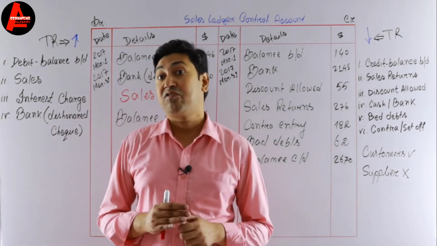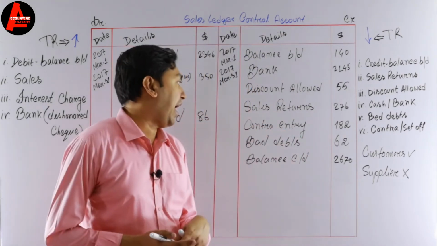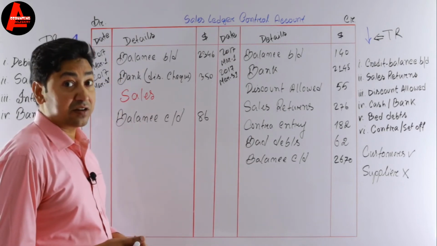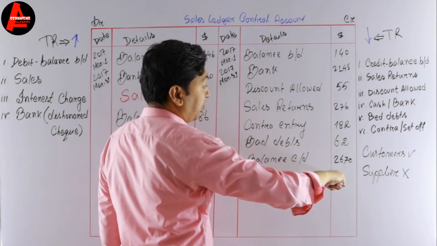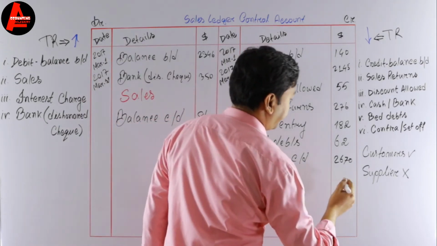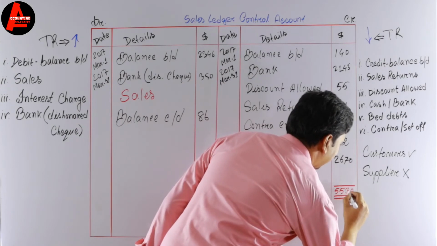Now how to calculate the value of sales? First of all we have to add the value of the credit column. If we add all these values in the credit column, how much do we get? We get $5,530.